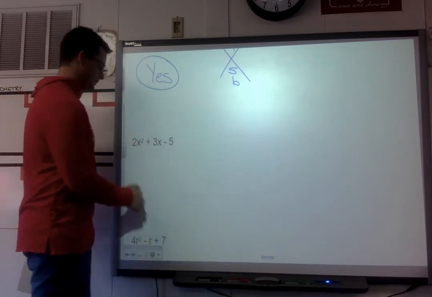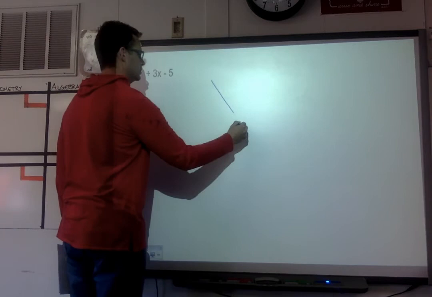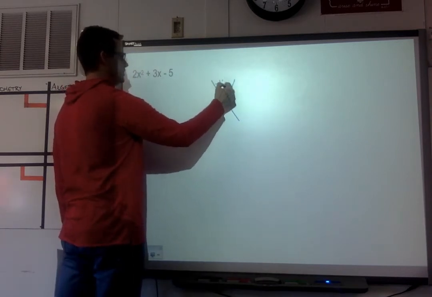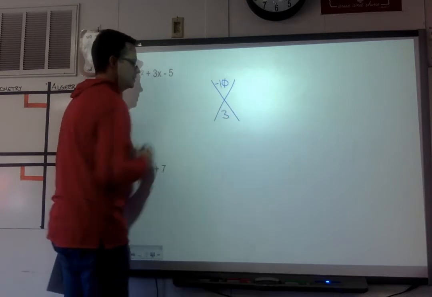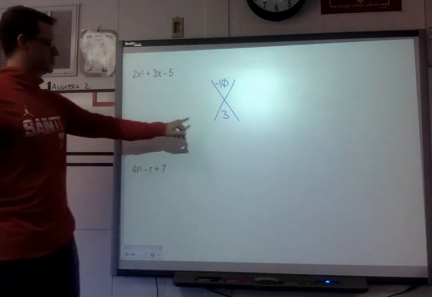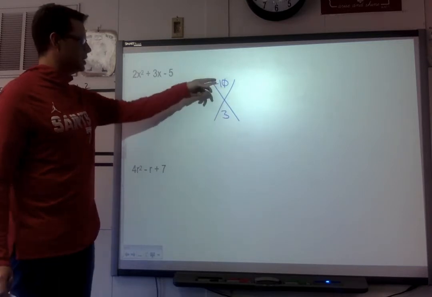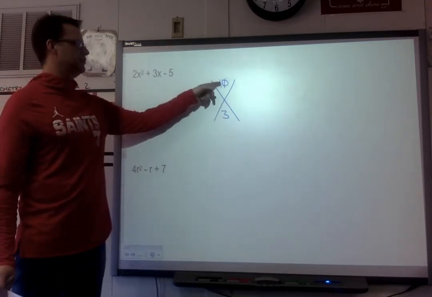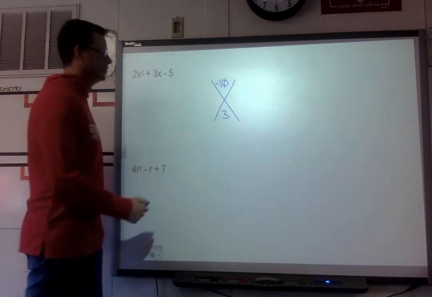The second one, if we draw in our x, a times c in this case would be 2 times -5, so -10. B would be 3. So two numbers that multiply to -10, add to 3. We know it's a negative and a positive, and that the positive will be larger because they add to a positive number.